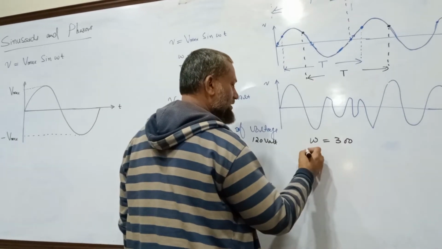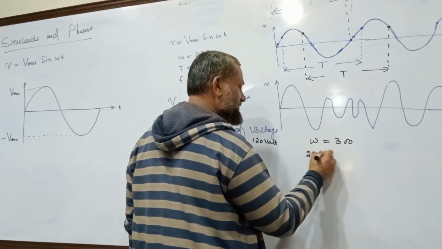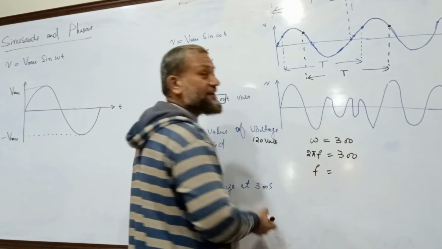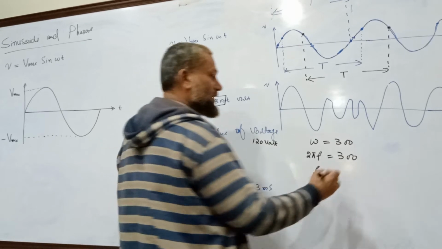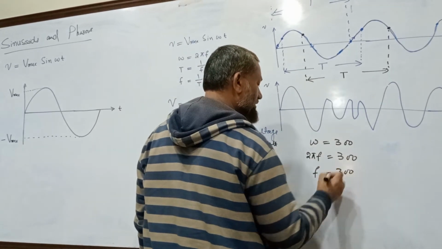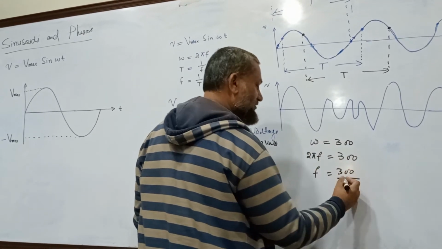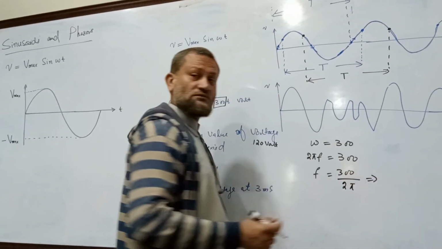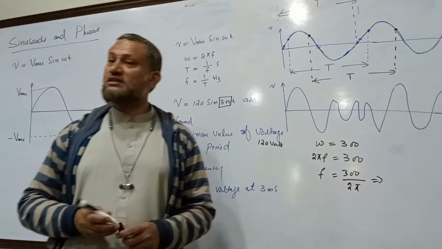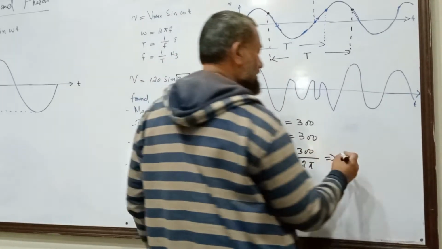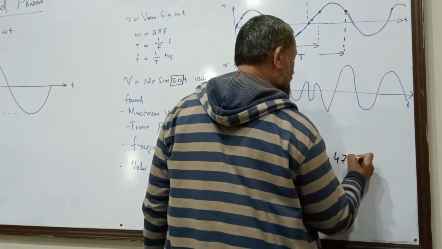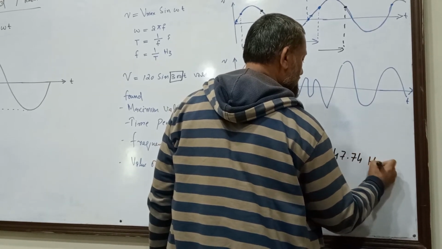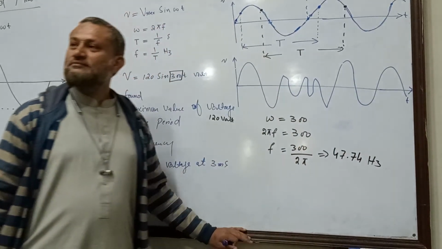Understand? What is omega? 2 pi f is equal to 300. F is frequency, and 300 divided by 2 pi. How much is this one? Did you get a calculator? 47.74 hertz. Understand?